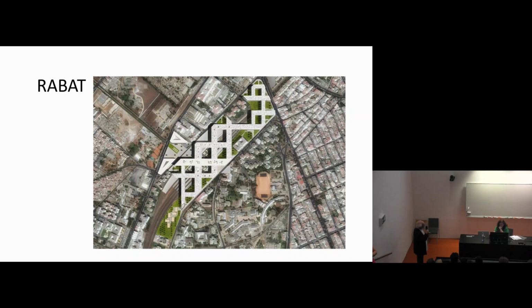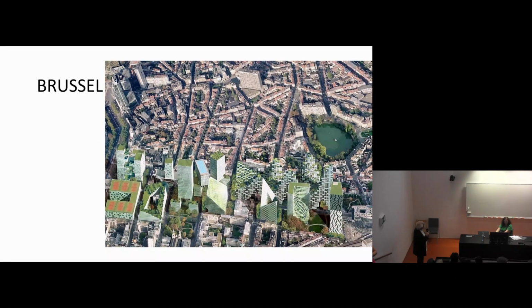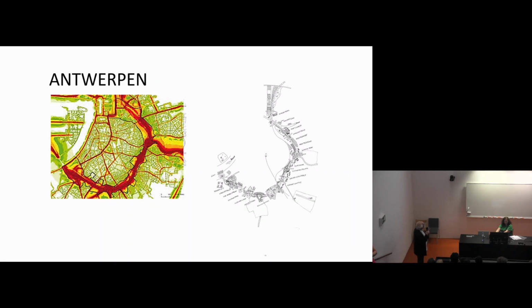This is, for example, in Rabat, where the Dutch architecture studio Mecanoo designed administrative buildings just above the station. This is the case of Antwerp, where all the buildings which can be a little difficult in the historical center are concentrated around the highway ring around the city.